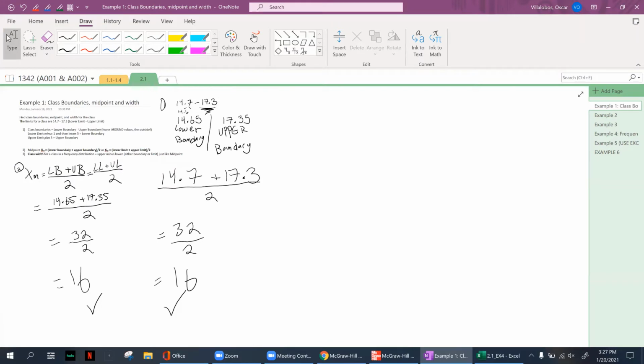So it's 16. Your midpoint, the point between those two values, would be 16. Another way to look at this: if the middle between 14.7 and 17.3 equals 16, and you stretch out this way an amount of distance, let's just say 0.05, and you stretch out the other way that same amount, you're still going to be in the middle.